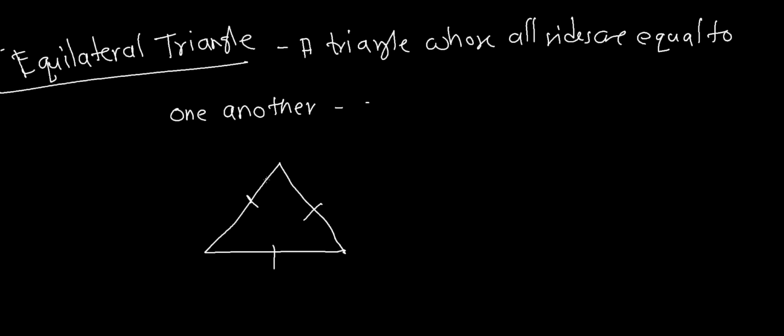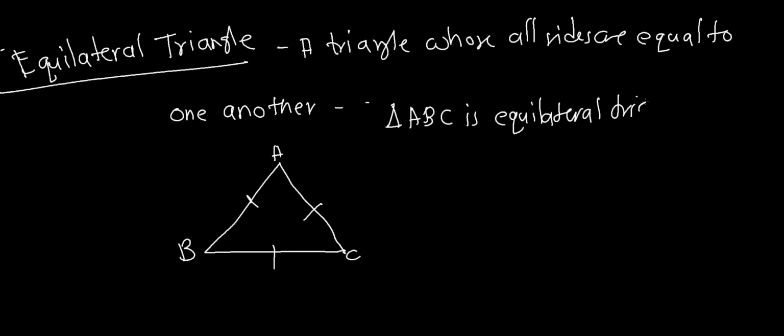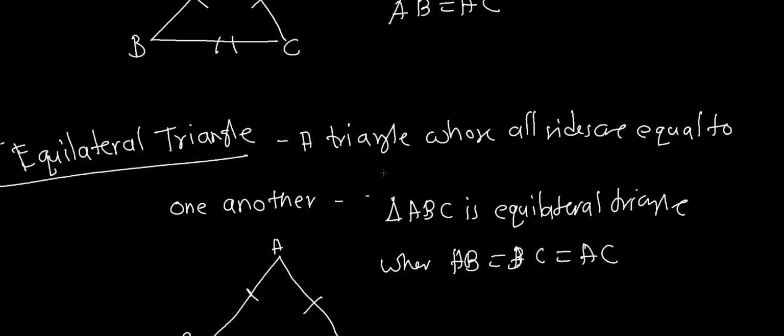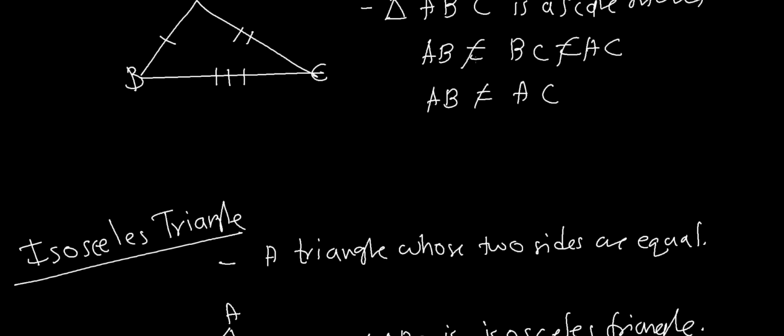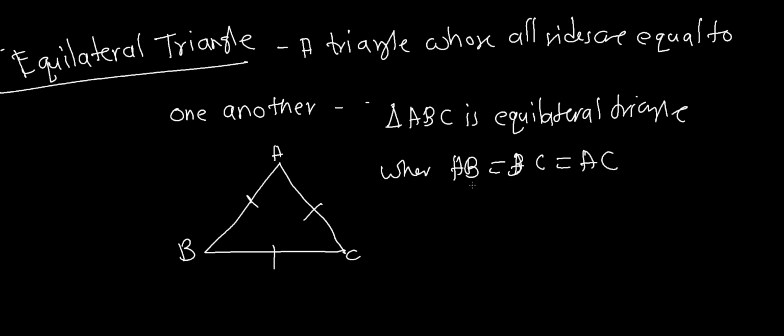These markings say that their lengths are equal. So triangle ABC is an equilateral triangle where AB equals AC, BC equals AC. Equilateral triangle, so AB equals BC equals AC.